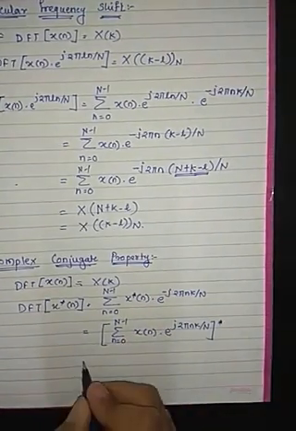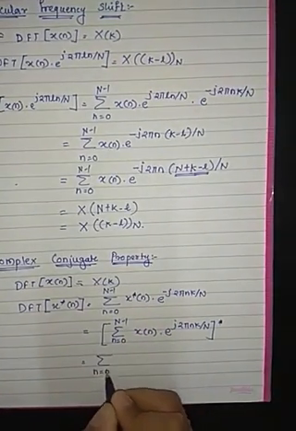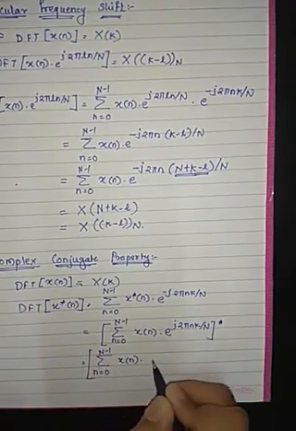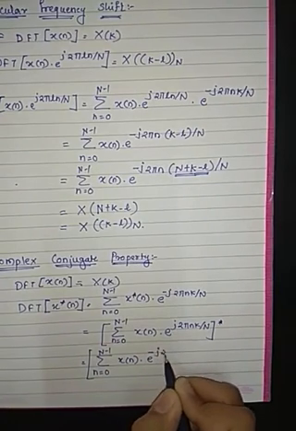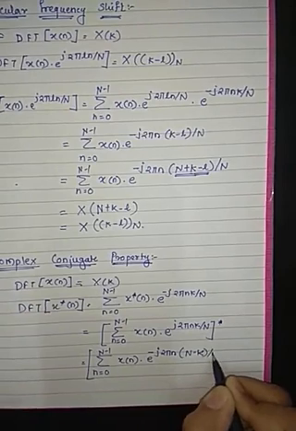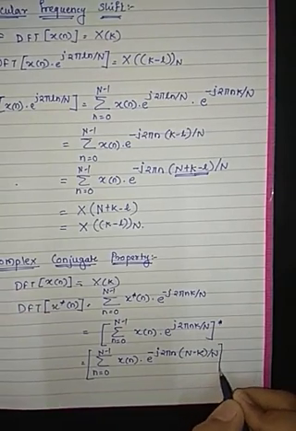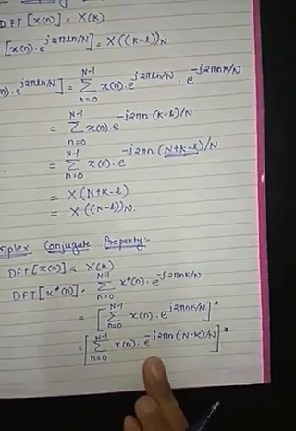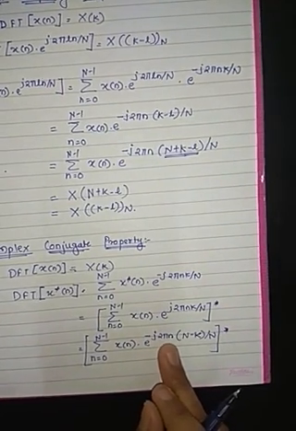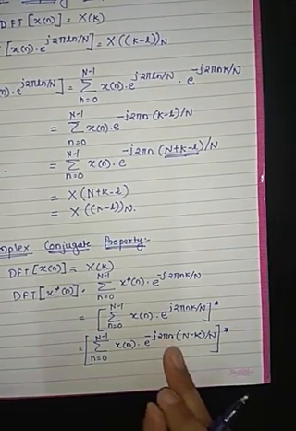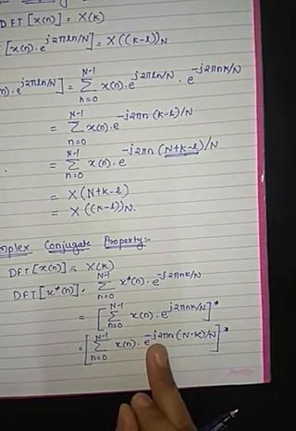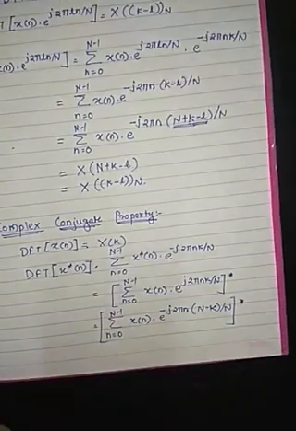This can also be written as the summation of x of n into e raised to minus j 2 pi n into (N minus k) divided by N, complex conjugate. Here we have just multiplied the term by e raised to minus j 2 pi n N divided by N, which is equivalent to 1. Multiplying the term by 1 has no effect on the equation.